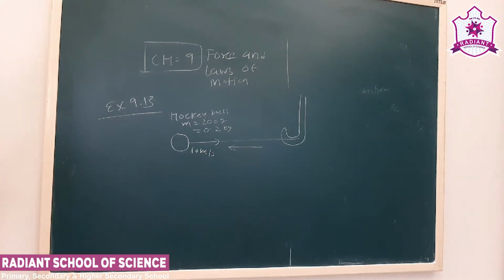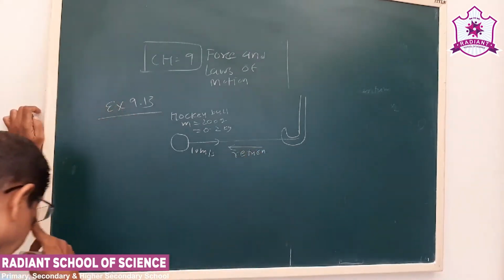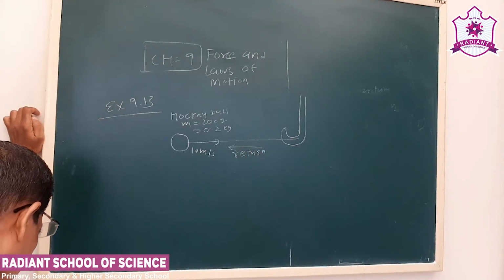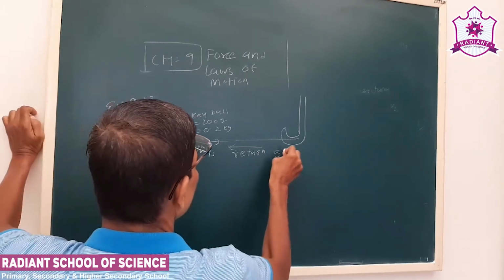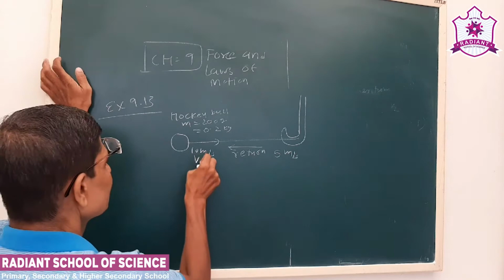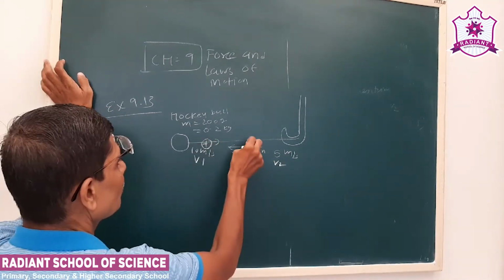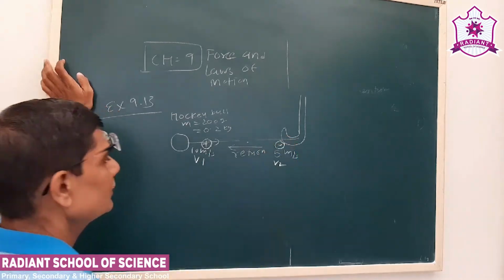Return means come back, with a velocity of 5 meter per second. This is the initial velocity v1 and this is the final velocity. If I consider this velocity positive, the opposite direction we have to consider negative.